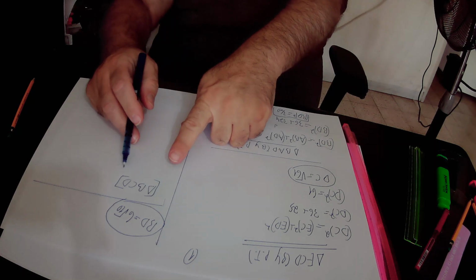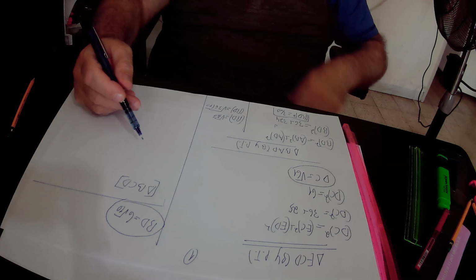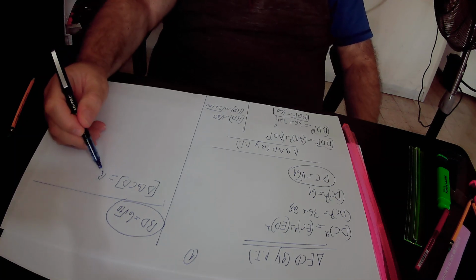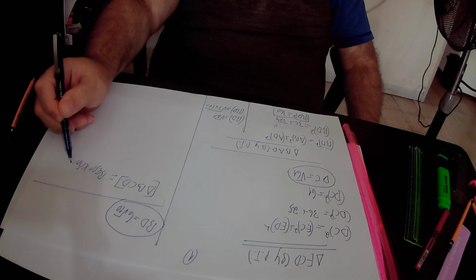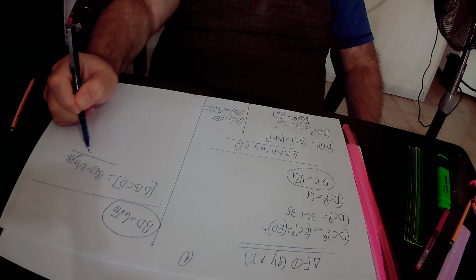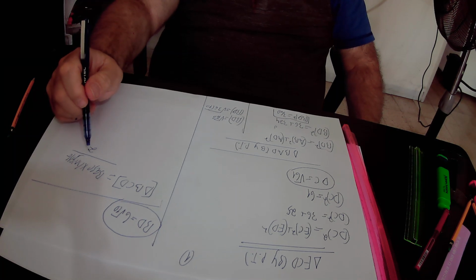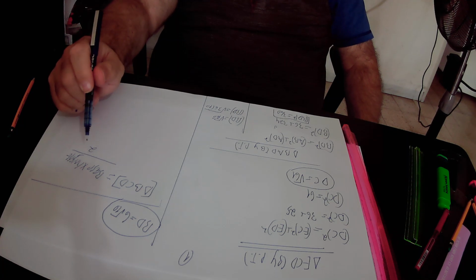Here the squared bracket is the sign for the area. It means the area of triangle BCD. It will be equal to the base of the triangle times the height to the base over 2.